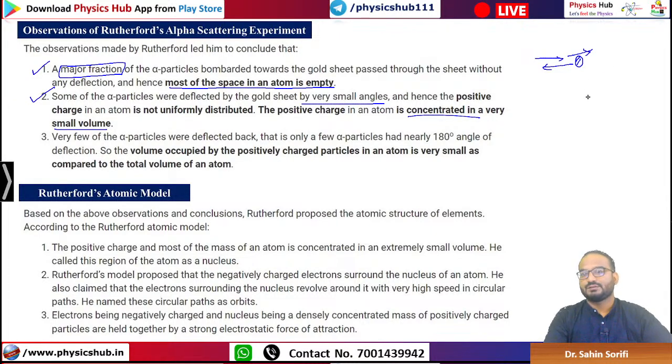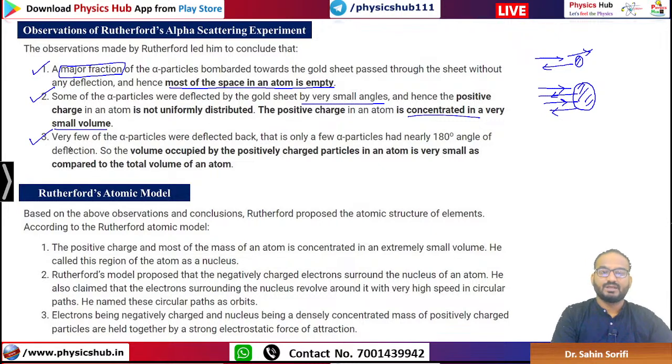Now imagine if it were uniformly distributed around the nucleus, then most of them should have been reflected back, but only a few of them are getting reflected back. From that, he concluded that the mass is concentrated in a very small volume.